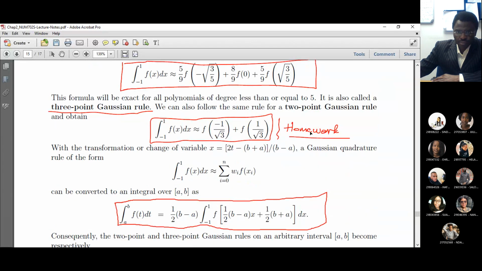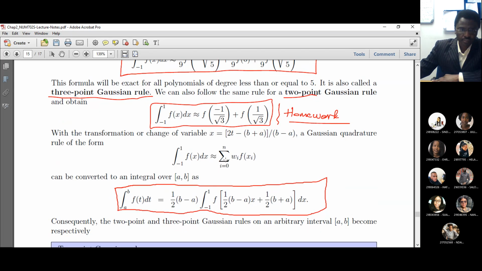And I asked you as homework to do the 2-point, because 3-point is even more complicated. We used three points, but I asked you to use 2 points to derive the 2-point Gaussian quadrature rule. That's what I asked you to do as homework. I hope you did it.